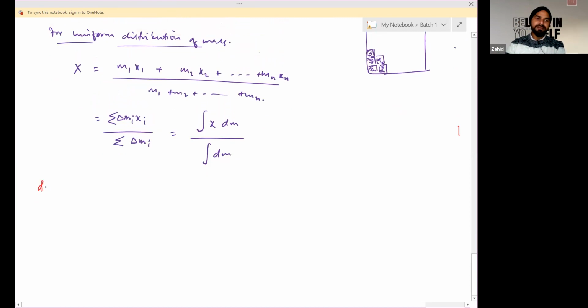Okay. Now, using this concept, suppose you have to find the position of the center of mass for a uniform rod.